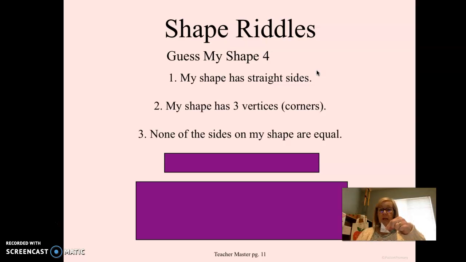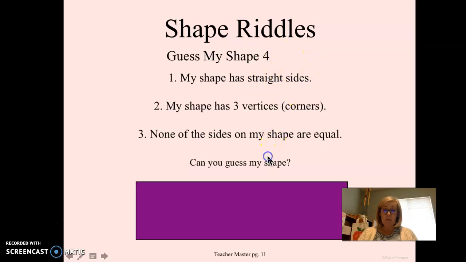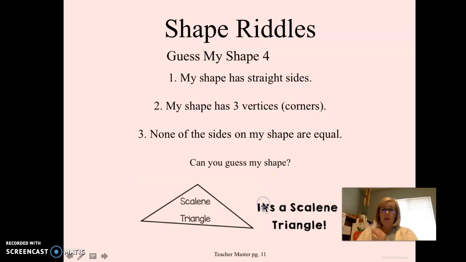On our right triangle, the 2 sides are equal. The hypotenuse is longer, so it's going in the pile. Can you guess my shape? It's the scalene triangle. Nice job.